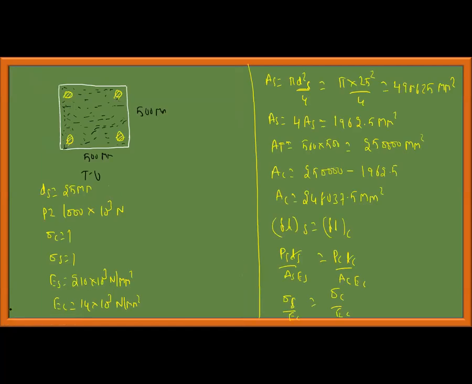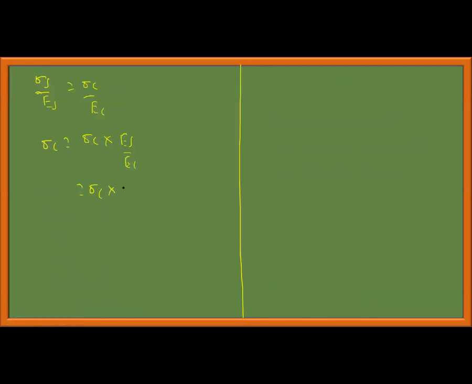Sigma S by ES is equal to sigma C by EC. This represents one in terms of the other. Sigma S is equal to sigma C into ES by EC, which is 210 into 10 power 3 by 14 into 10 power 3.